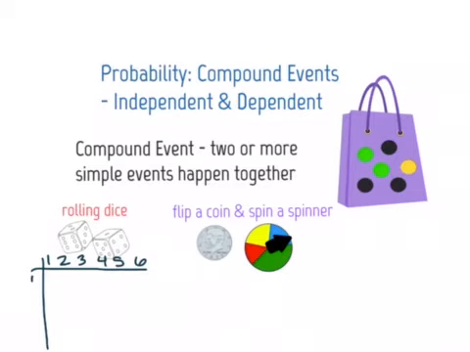So for one possible outcome, I could get 1 and 1, or 1 and 2, or 1 and 3. If I continue this same process, we would see that there's going to be a total of 36 different outcomes.